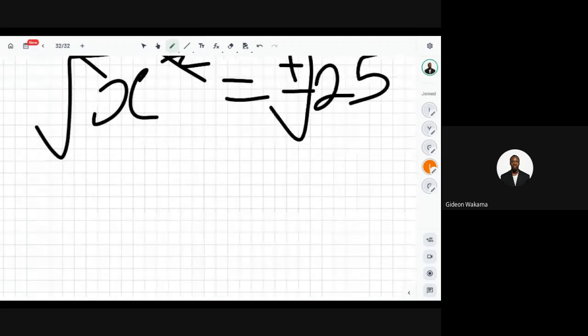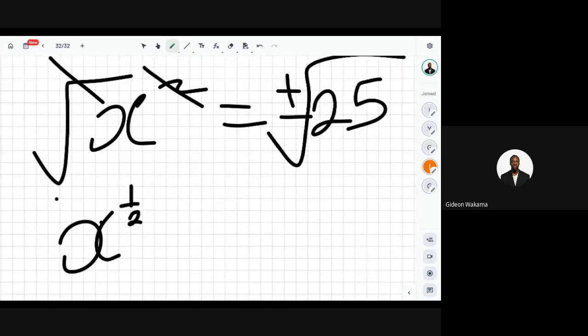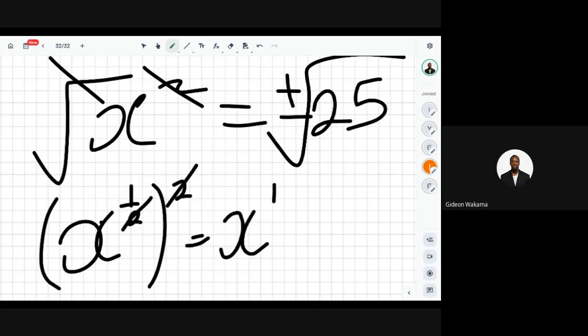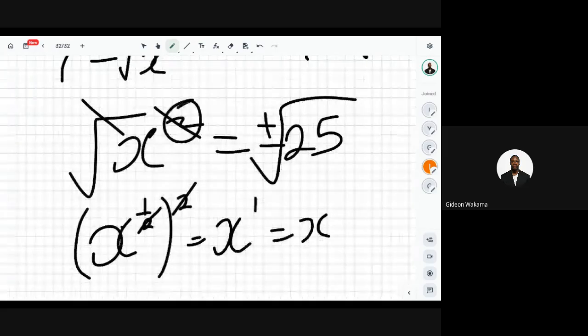Because a square root means something raised to the power of 1 over 2, according to the laws of exponents. Did it last semester. So if I square the square root, it means 2 will cancel 2, and this means x raised to the power of 1, which is just x. That is why square root always cancels square.